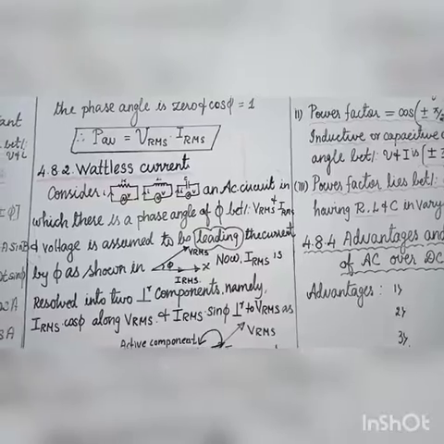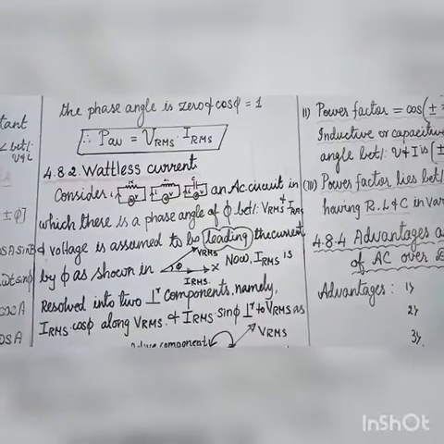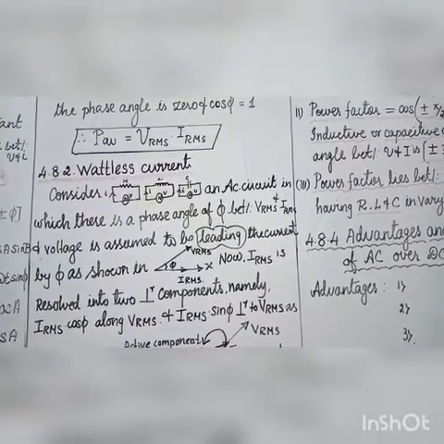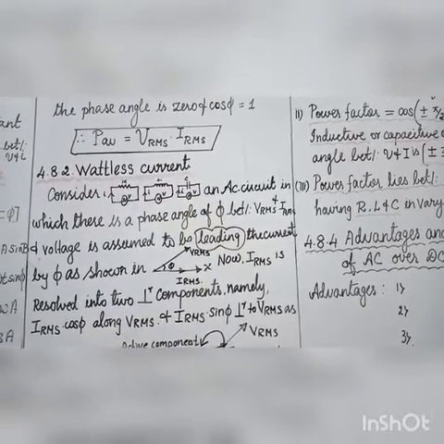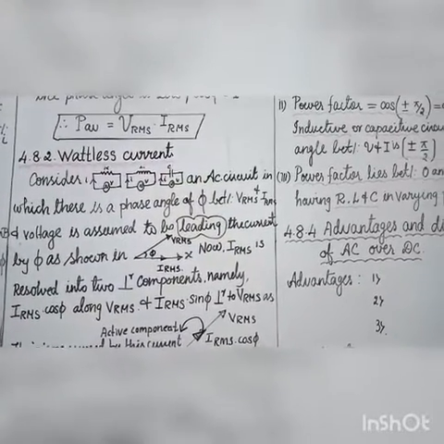The power consumed is P equal to Vrms Irms cos phi. So that is also known as wattful current.